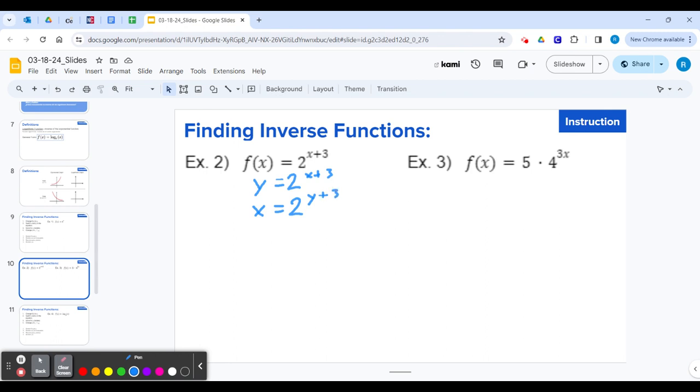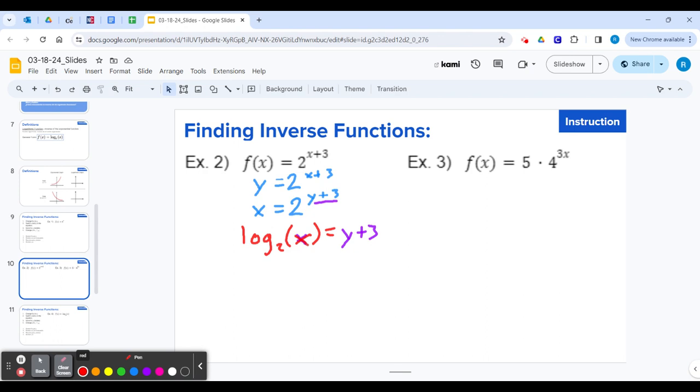Now I'm solving for y, getting it all by itself. And I'm going to highlight this idea that this y plus 3 is my entire exponent. So I have a base of 2. So I'm going to go log base 2. My exponent is y plus 3. And inside my logarithm is going to be that x there. I'll write that in red to keep that color coding good.